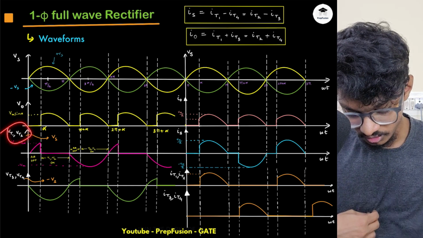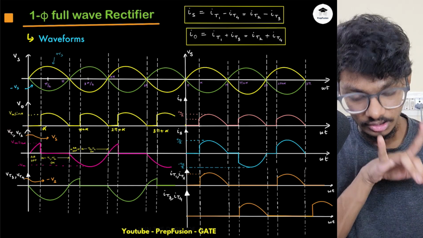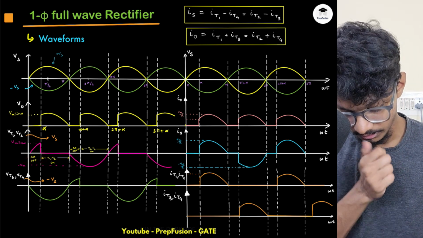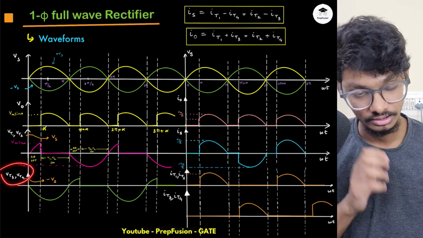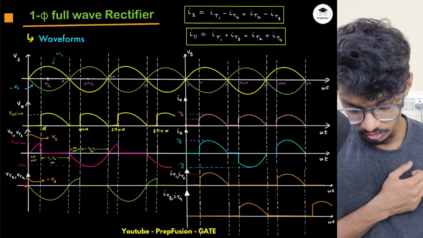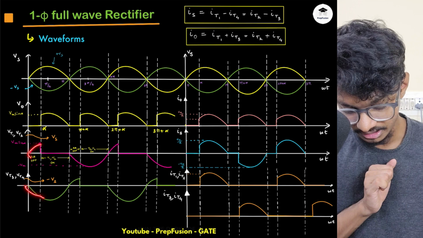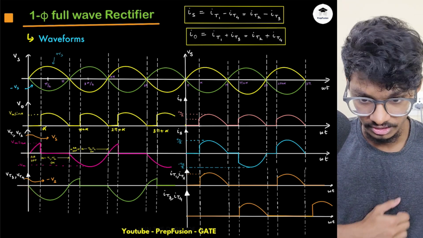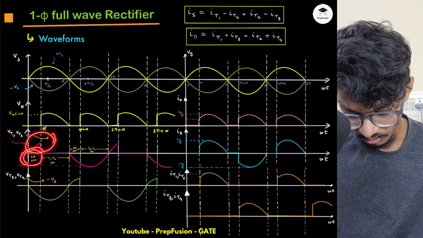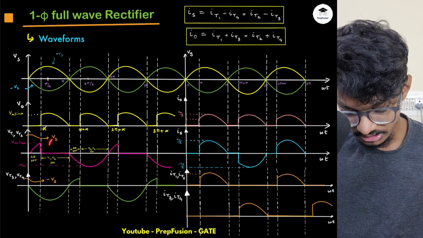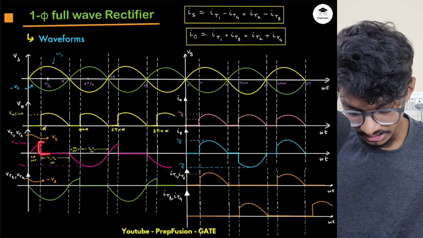And VT1 and VT2 in the duration from 0 to alpha are in the forward blocking mode, so they will block the voltage, and T3 and T4 are in the reverse blocking mode, so they have a reverse voltage across them. I hope you understood this. Now, in this region all are off. Just as they are triggered, the voltage will instantly go to 0.